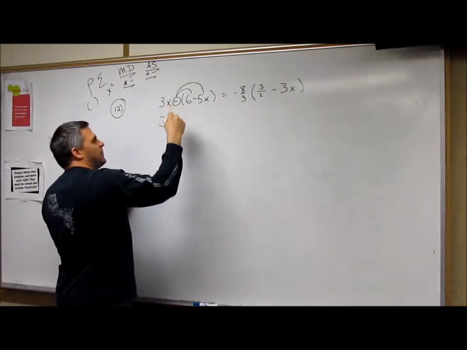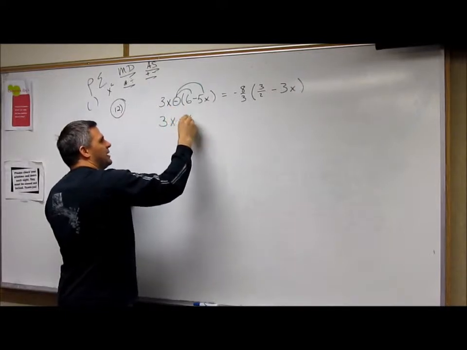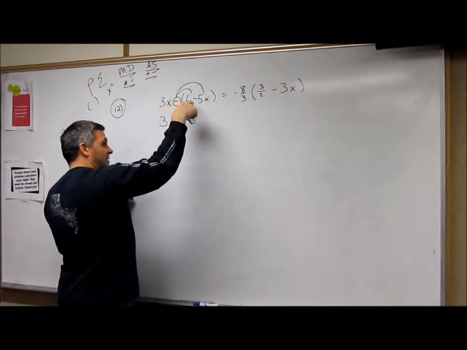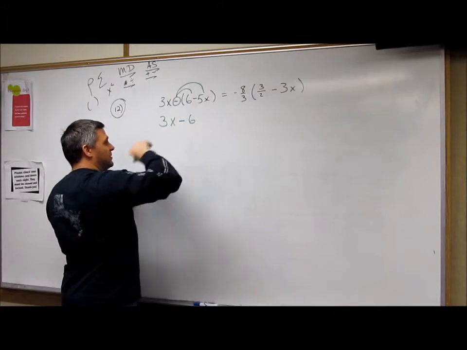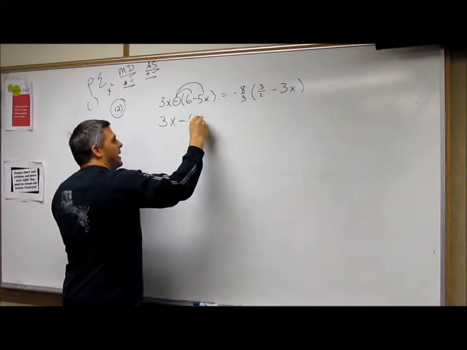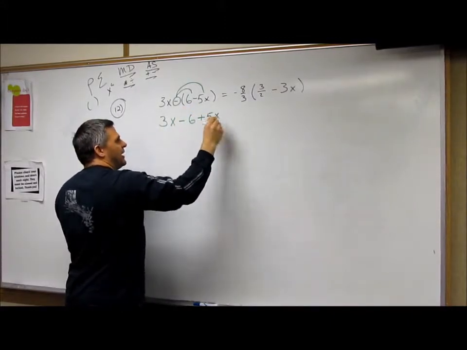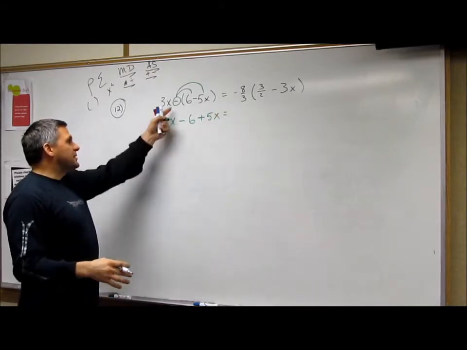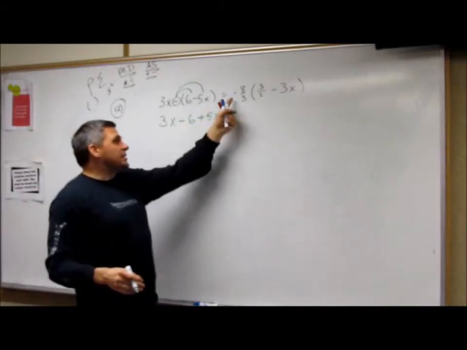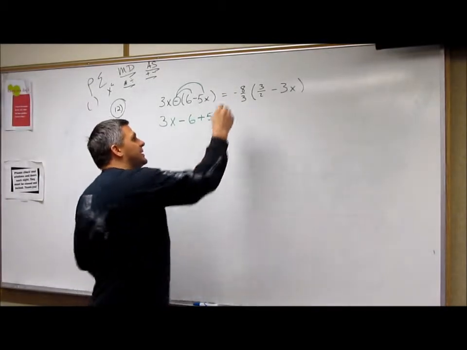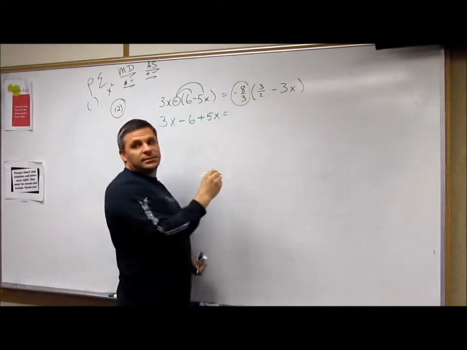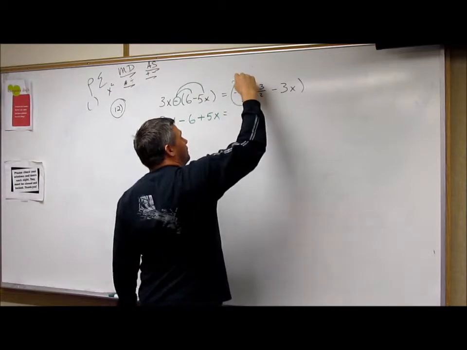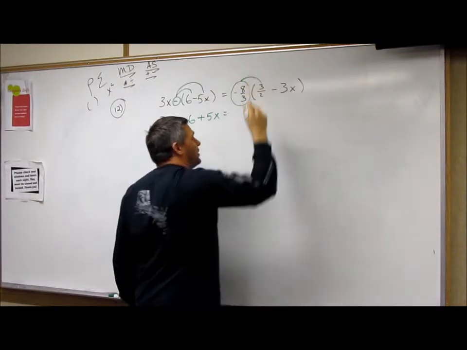The negative times a positive 6 is minus 6. And negative times a minus 5x is a positive 5x. Okay? And just like this negative went through, this negative's got to go through, but it's connected to this fraction. So I'm going to bring it through.